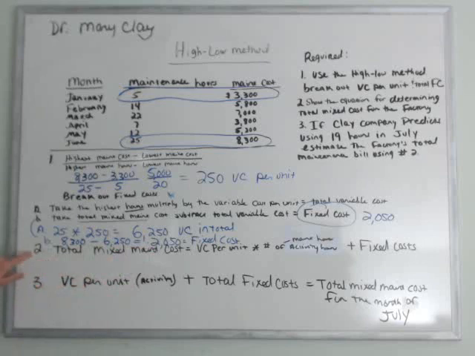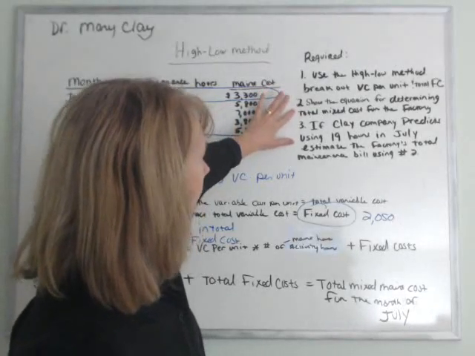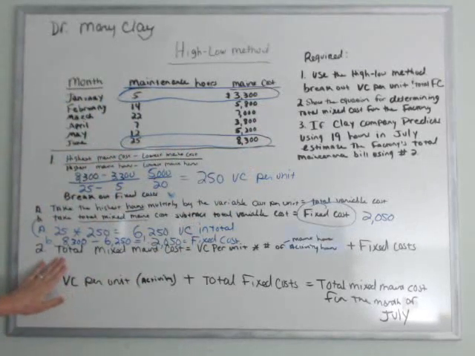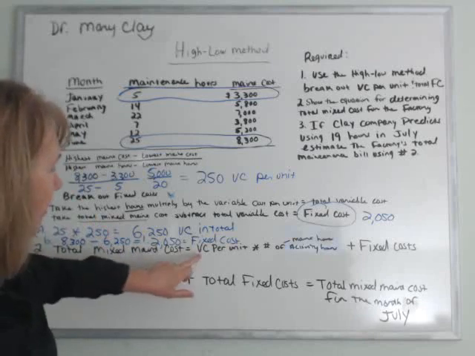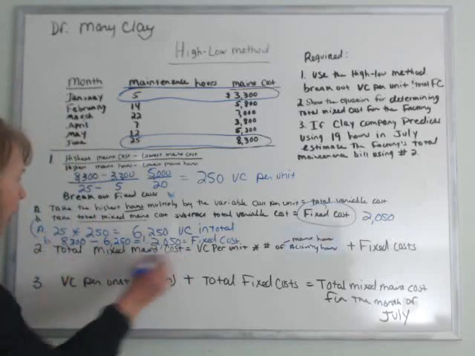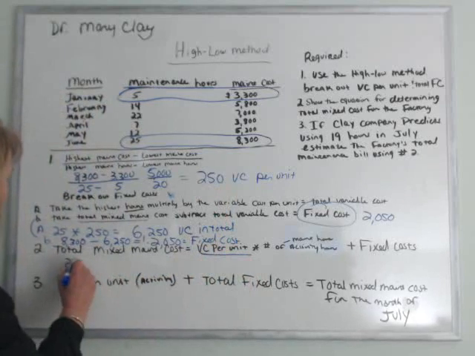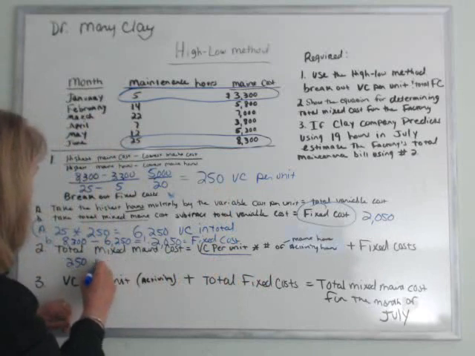Now number 2 is asking you what is the equation for determining total mixed costs for the factory. So the equation is right here. You're going to take your total mixed maintenance cost, well, you're going to do this last. You're first going to take your variable cost per unit, so I'm going to write 250, and then multiply this by the number of activity hours.